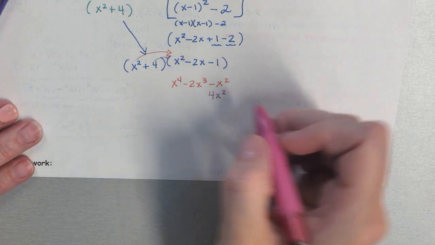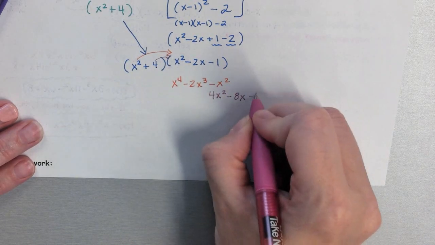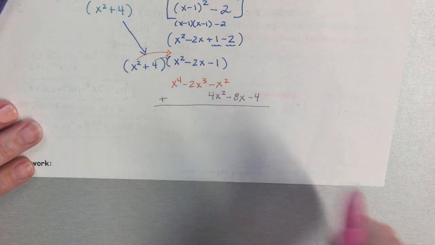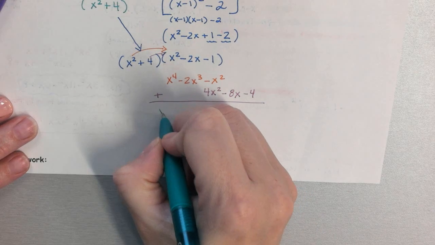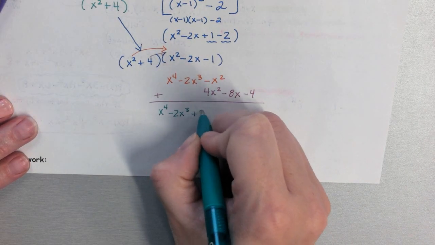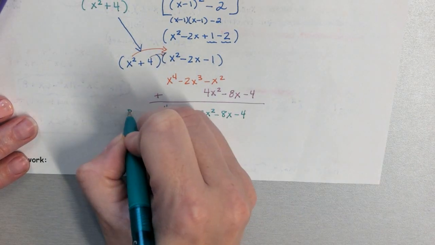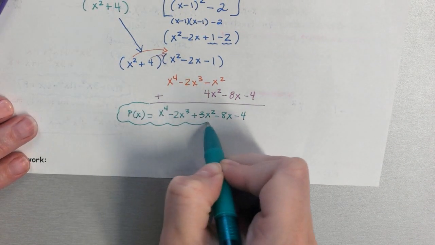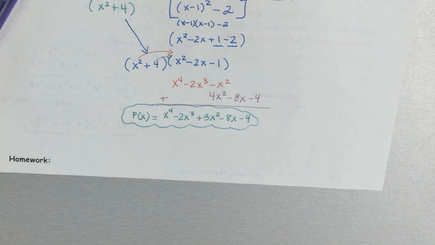So it's 4x squared, and then minus 8x, and then minus 4. Okay, and then we're just going to add that straight down to get our final answer. So we have x to the 4th minus 2x cubed plus 3x squared minus 8x minus 4. And then you can put p of x or f of x. Okay, you just have to have your polynomial function.